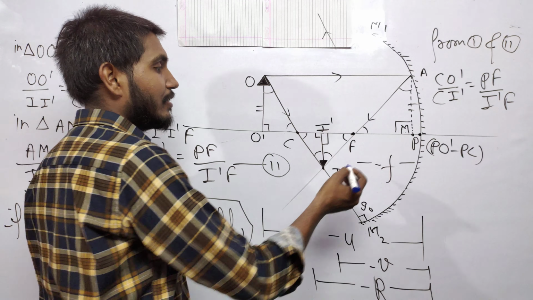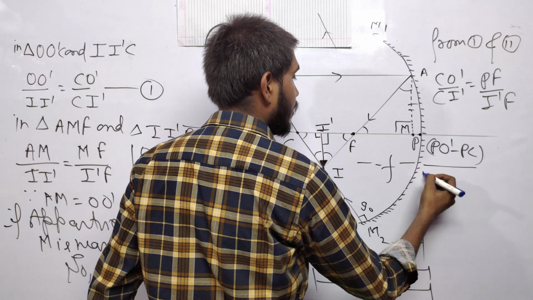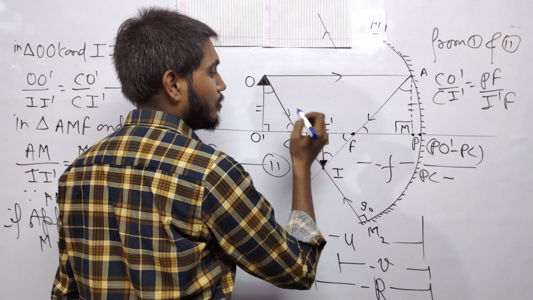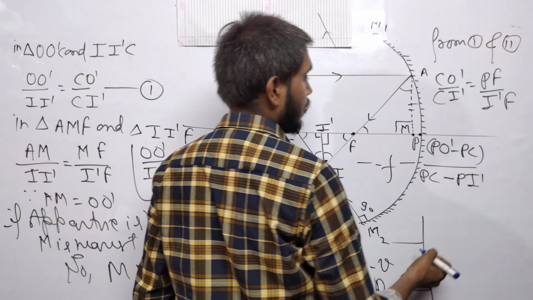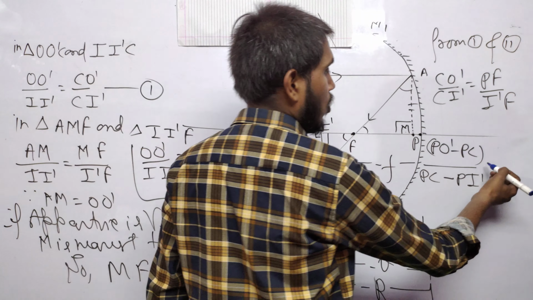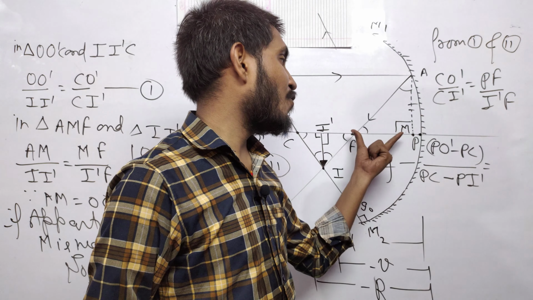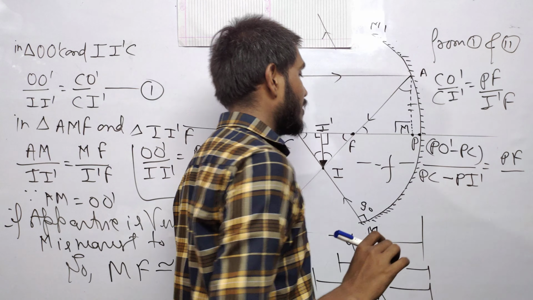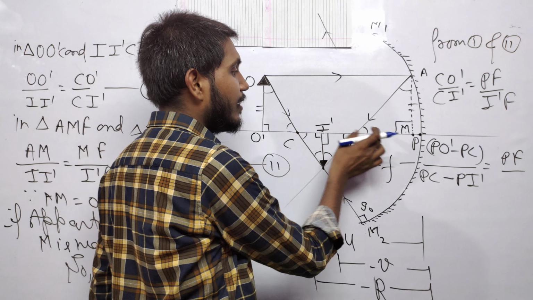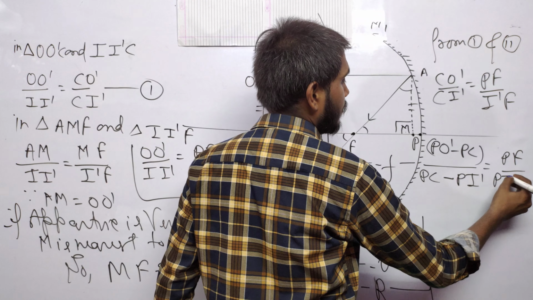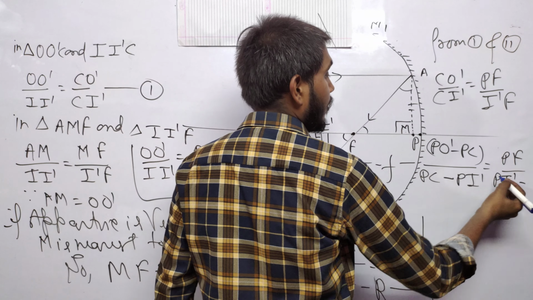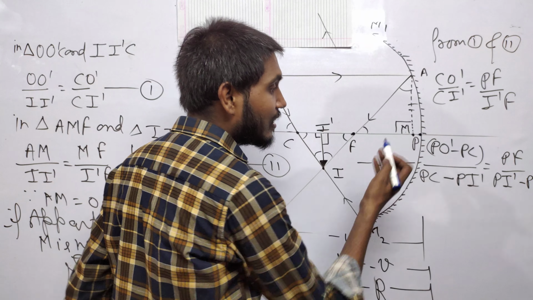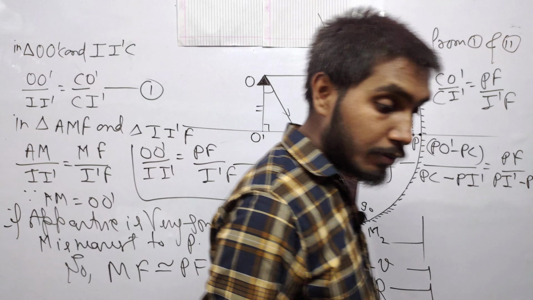CI dash can be written as PC minus PI dash. Okay beta. And now PF is directly from the pole, so no change. I dash F can be written as PI dash minus PF, because all the distances are taken from the pole. Let's see.